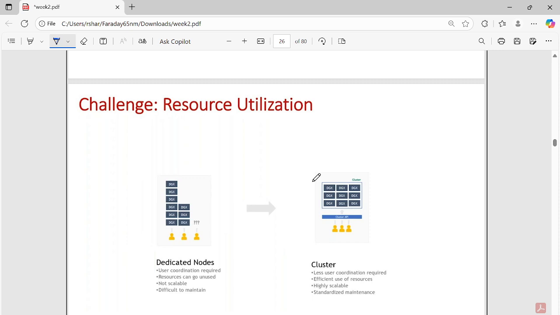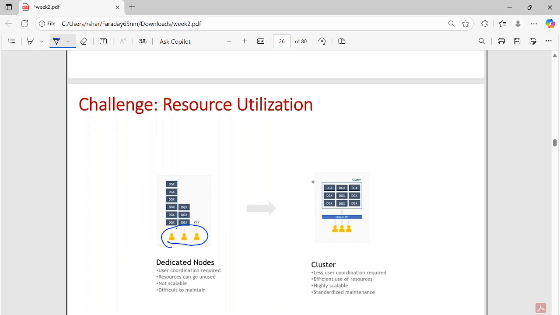Users need to coordinate among themselves, and there might be places where resources even go unused if not properly coordinated.